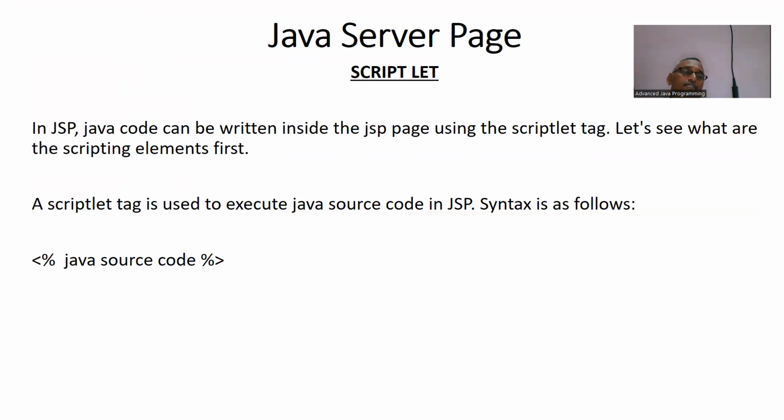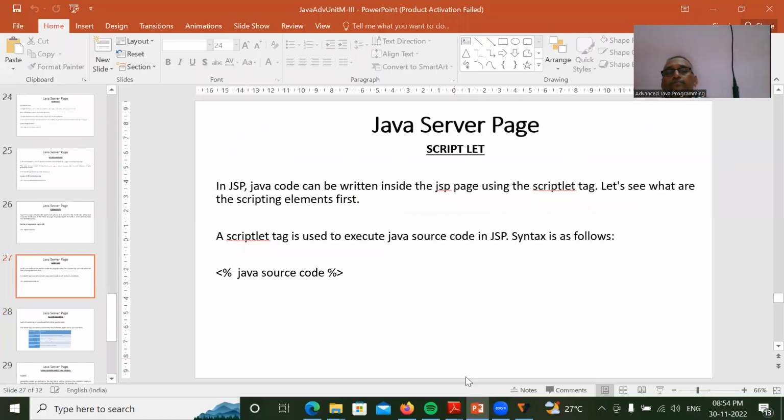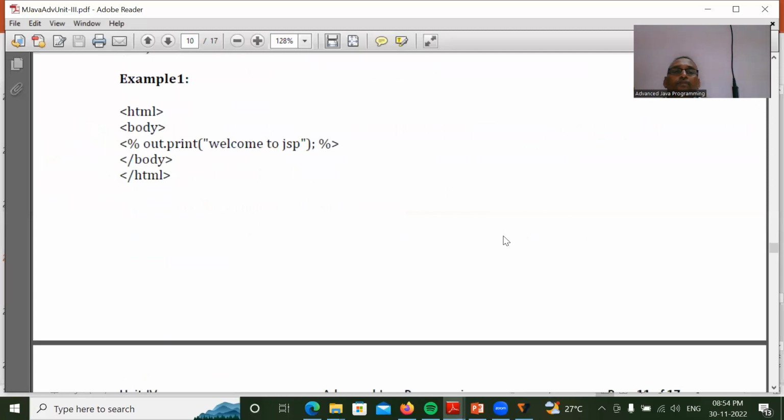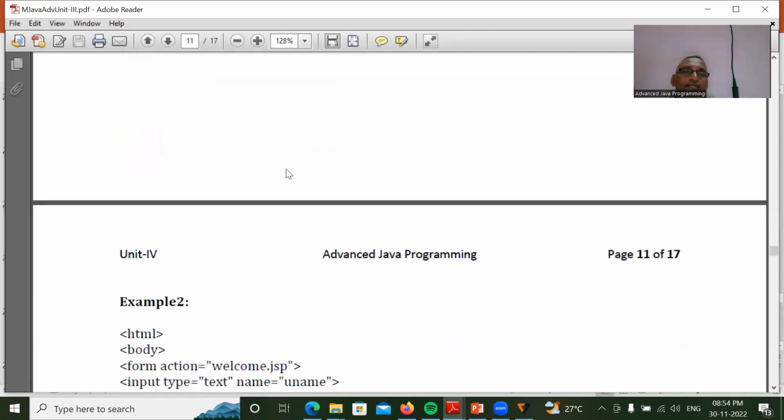The syntax is less than percent symbol, Java source code, then close the tag. For example, in this example, HTML body and less than symbol percentage, out.println just prints the value, welcome to JSP, in the browser page. Just a simple example.